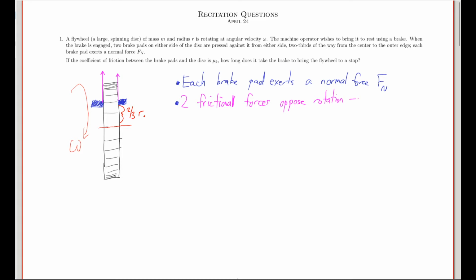Each has a magnitude of the coefficient of friction times the normal force. So when you squeeze something with brakes, friction happens and slows it down. It slows down the rotation by applying a torque.